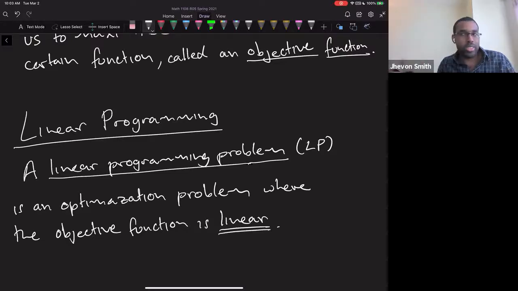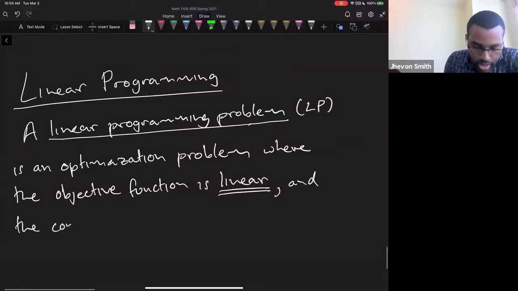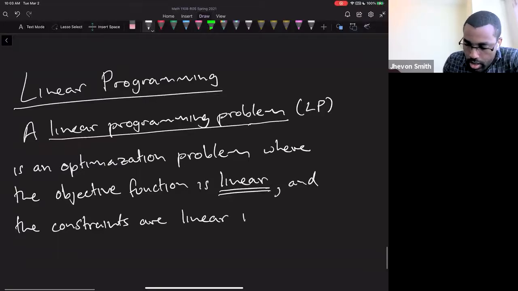So the objective function looks like y equals mx plus b or something similar, right? And the constraints are linear inequalities.